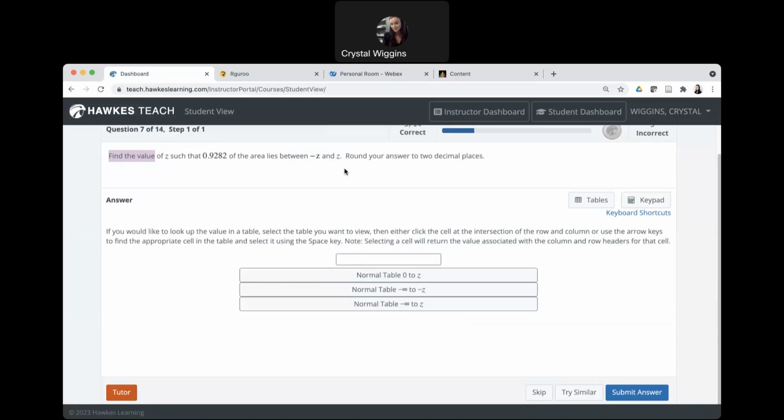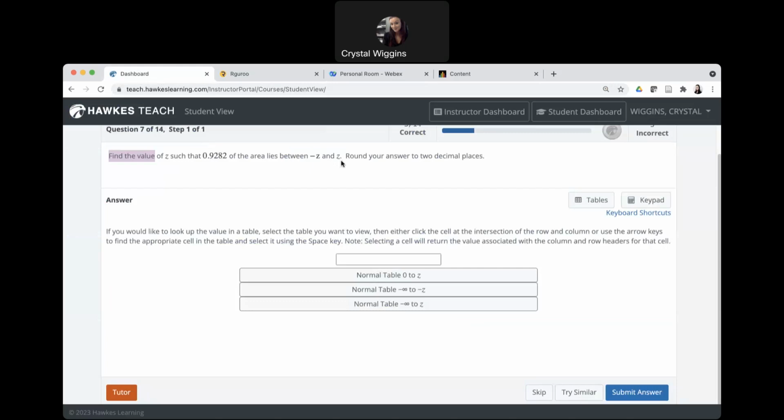Now let's talk about what they're implying here, because there is something they're implying when they tell you that it lies between a negative z and a z. When we're talking about between area, that area could be anywhere in the curve between two z-scores. But when we reference negative z and z, that implies that the value of z is the same number, just a negative version and a positive version.